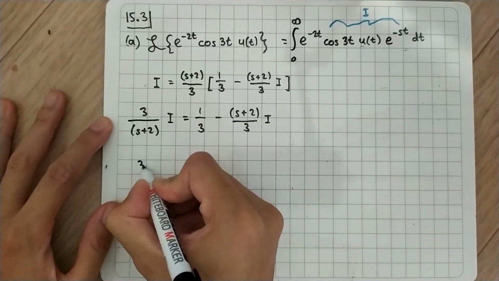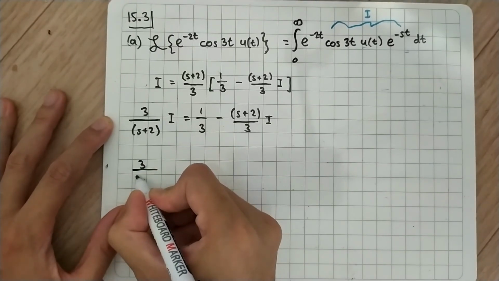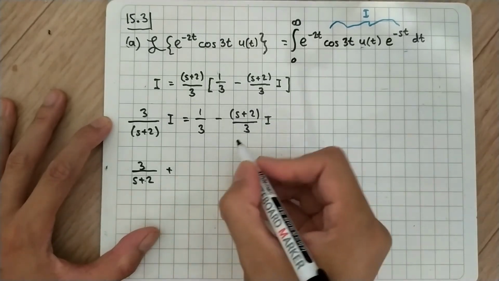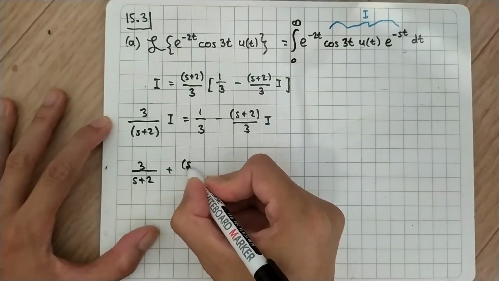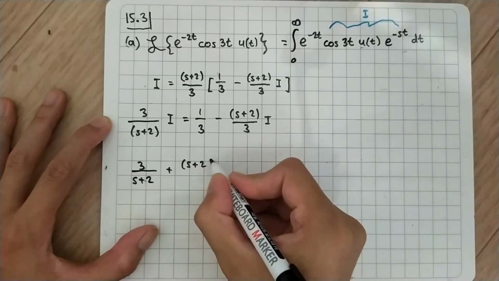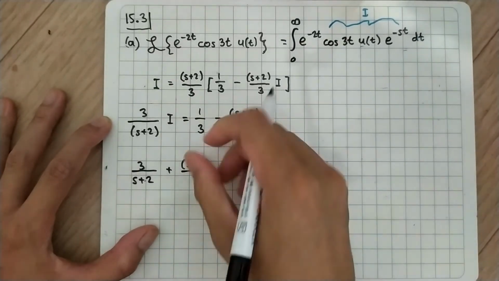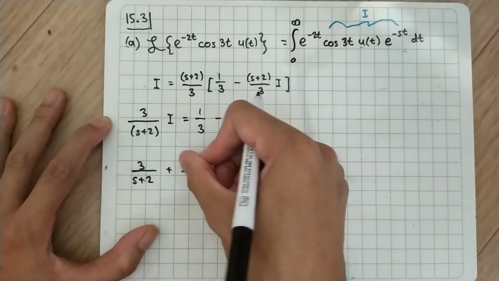So I will have 3 over s plus 2 plus s plus 2 over 3. Okay, I can remove the parentheses because it's not needed.